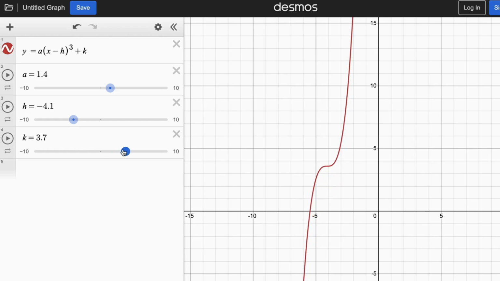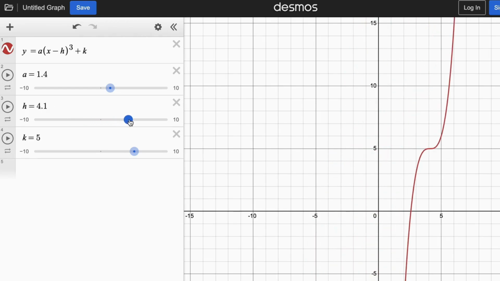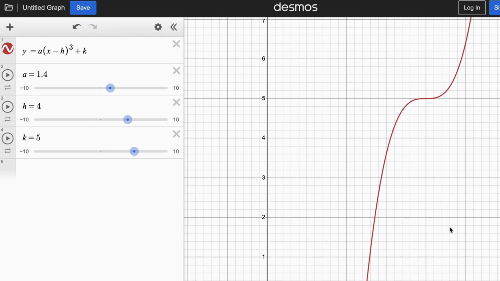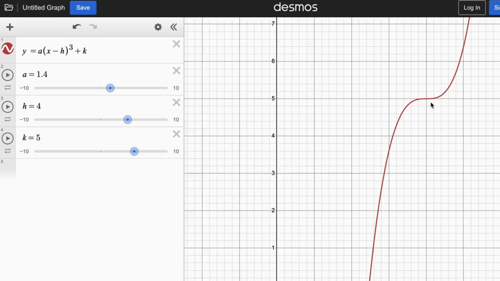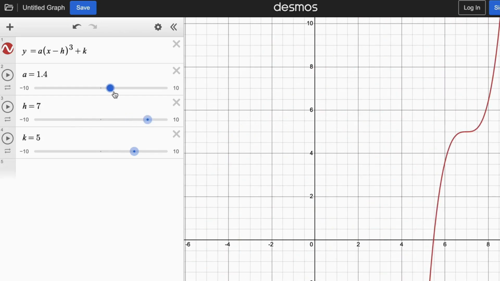Notice that when k is, say, 5, the y-coordinate of the point of inflection is 5. And the same over here: if we move this to 4 and zoom in, this is where we've got our point of inflection. So this is how these variables control our cubic graph.